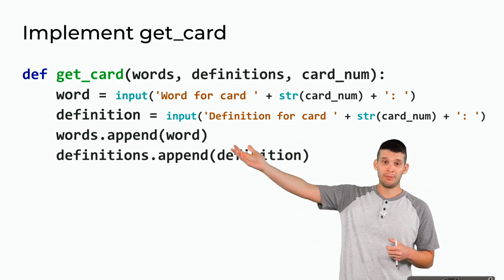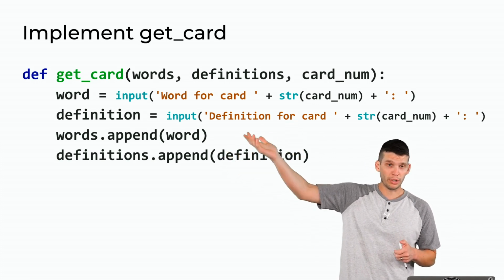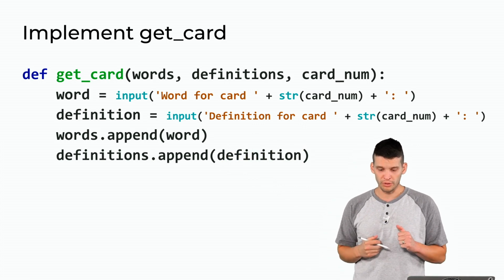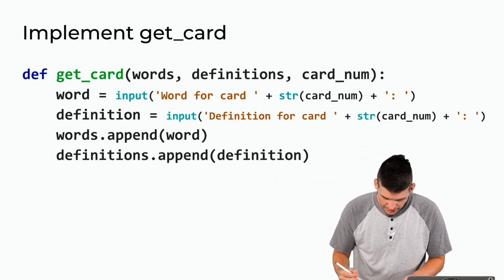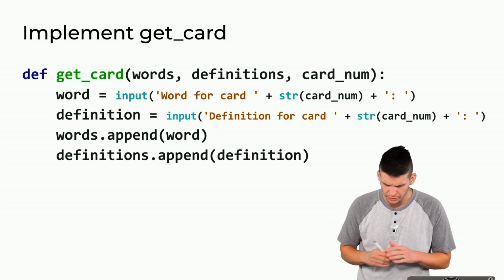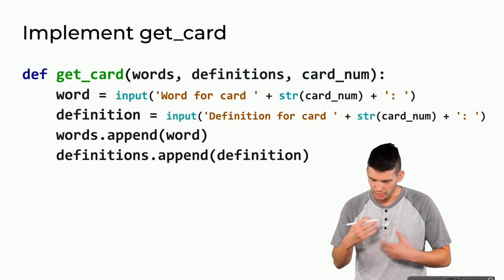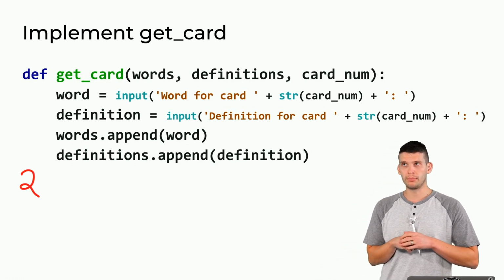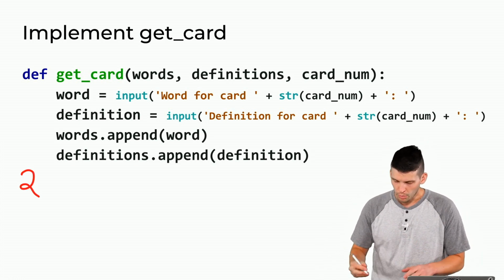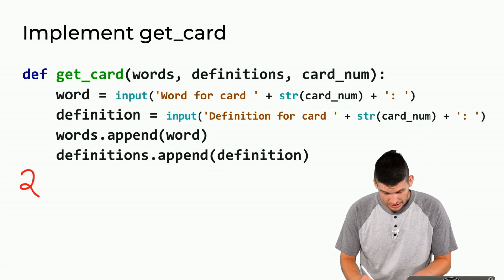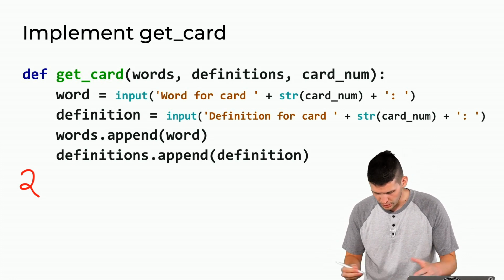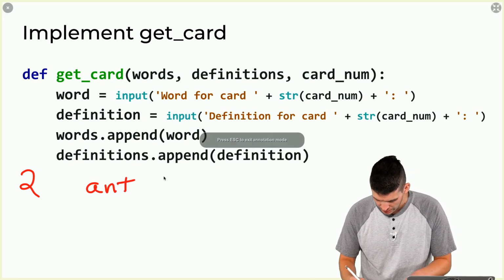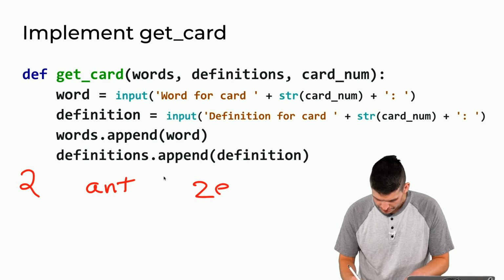And then once we have that, it's just a matter of appending, right? And here is something key to keep in mind about how this is structured. Let's say when this program is running, we want 2 input cards. Let's say the first word is ant, and the next word is zebra.